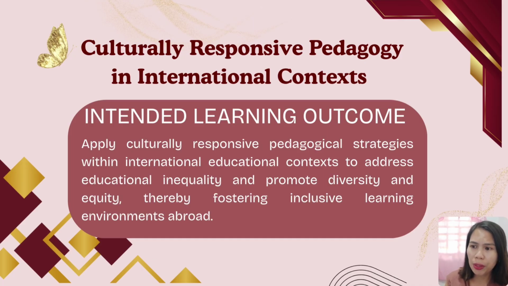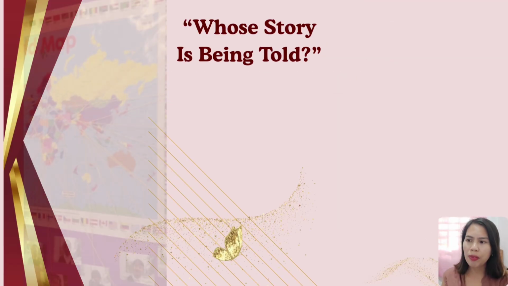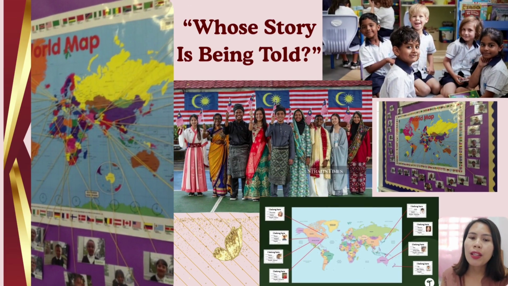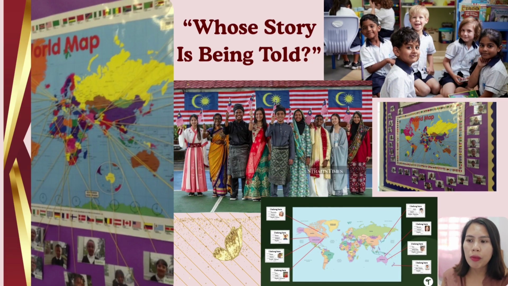In simpler terms, the goal is for us to understand how teachers can create classrooms where all students feel included and valued. Before we go deeper into our lesson, let us start with a short reflection. Take a moment to observe the picture shown on the screen.